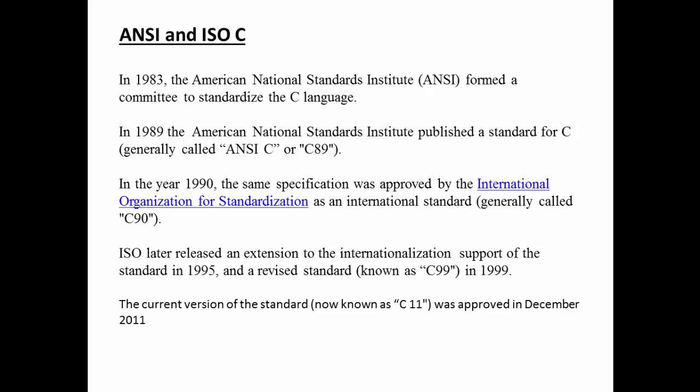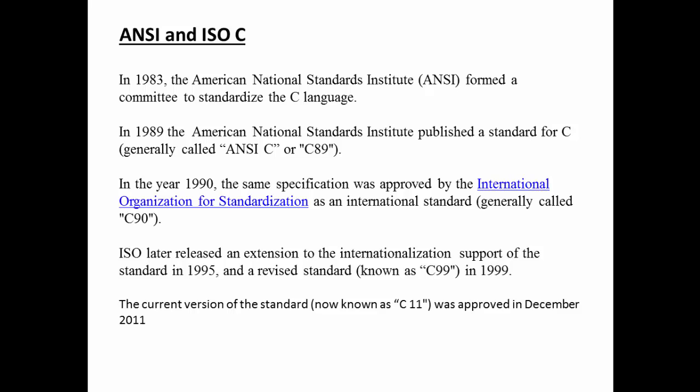Then, the next year, in 1990, the same specification was approved by the International Standards Organization, which is the international standard, and that specification was known as C90. Since they approved the same specification given by ANSI in 1989, both C89 and C90 refer to the same specification.